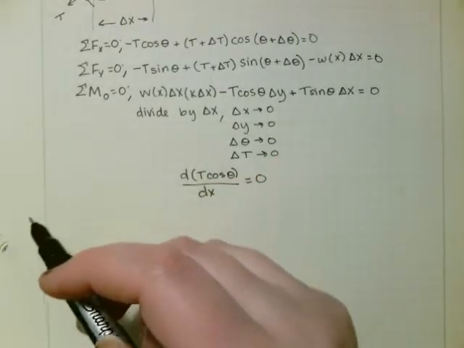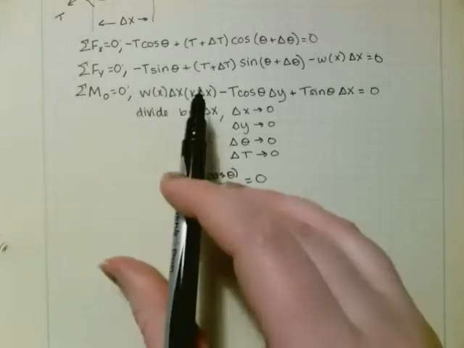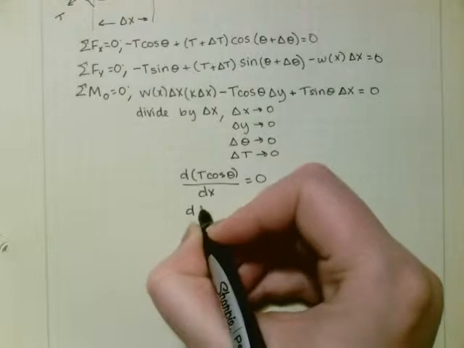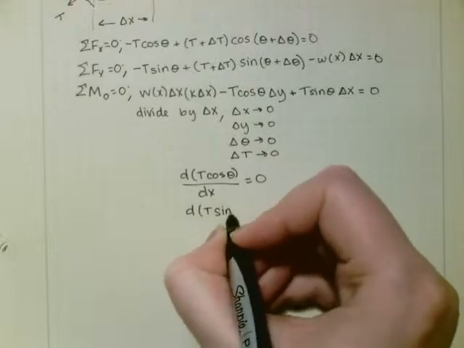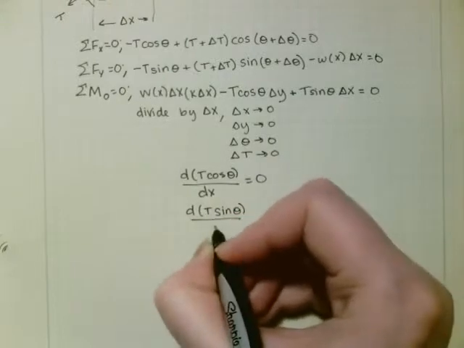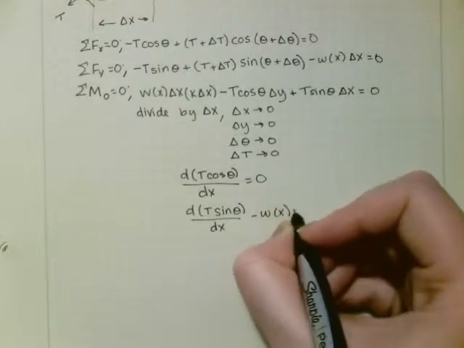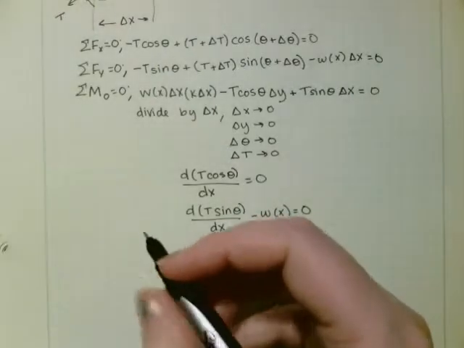In our y component, the same type of thing, the T sines would cancel, such that we would be left with d(T sine theta)/dx minus w(x) is equal to 0.